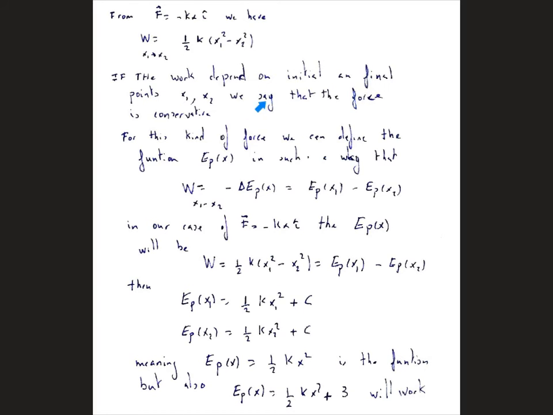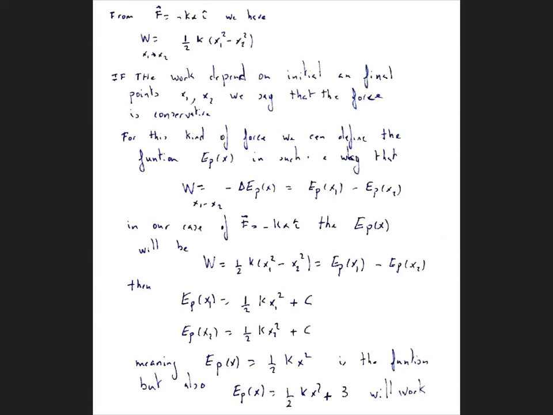If the work depends only on the initial position and final position, we know that the force is conservative. If the force is conservative, we can associate a potential energy. How can we associate a potential energy? We say that the work from x1 to x2 is minus the variation of the potential, so it's Ep of x1 minus Ep of x2.